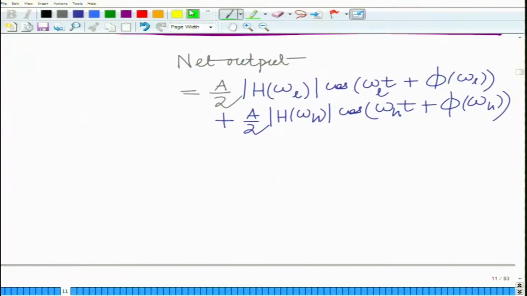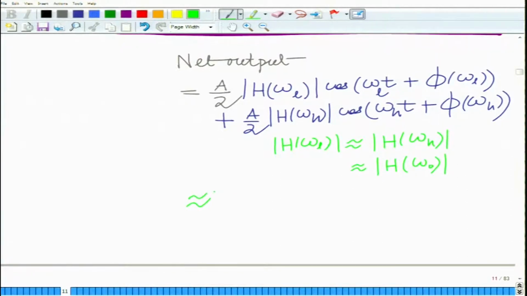And now we have said that these two quantities, magnitude H of omega_L and magnitude H of omega_H, are both approximately equal to magnitude H of omega_0, because omega_m is very small.